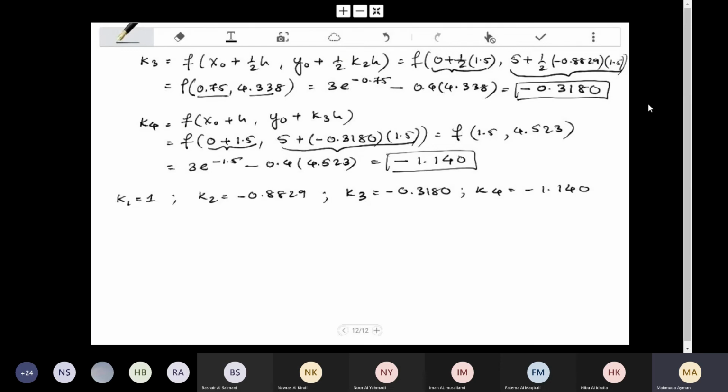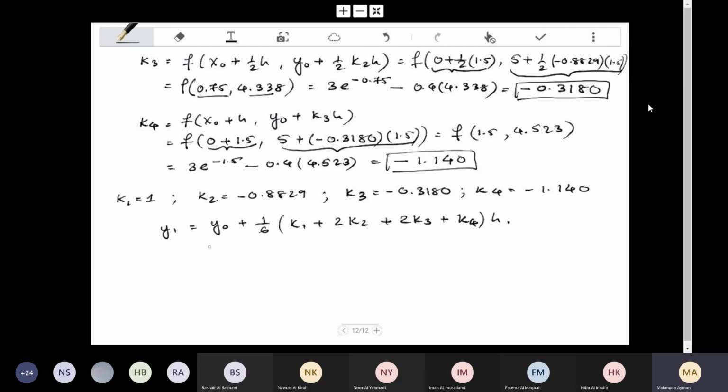I wrote this down because we need all of these values now to calculate y1. So y1, the formula is y0 plus 1 over 6 times k1 plus 2 times k2 plus 2 times k3 plus k4 times h.